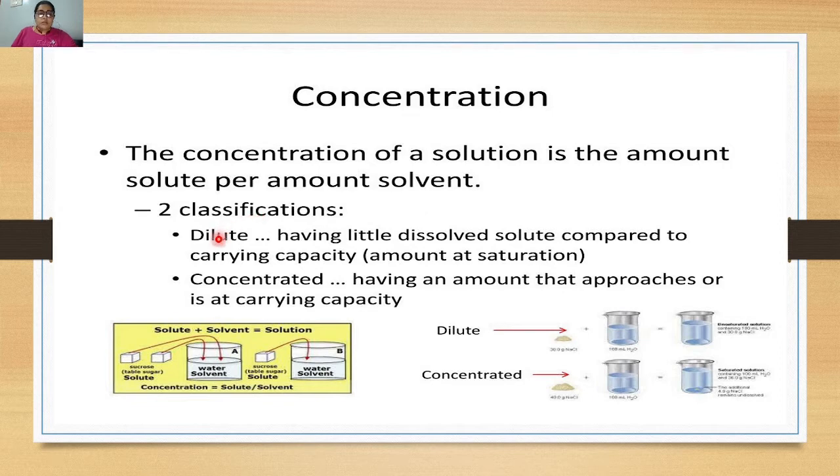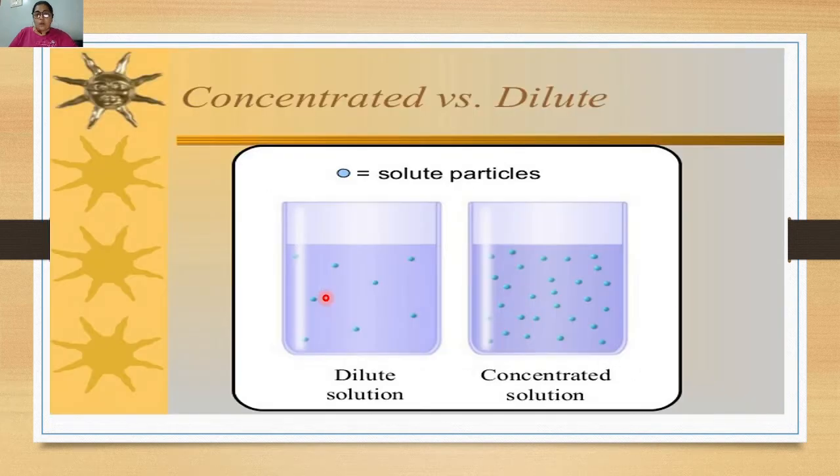And the dilute solution means that solution having a little dissolved solute as compared to the carrying capacity of the solvent, whereas the concentrated solution has an amount of solute that approaches or is at the carrying capacity of the solvent. That is, the dilute solution has relatively less amount of solute and the concentrated solution has more amount of solute in the solution.